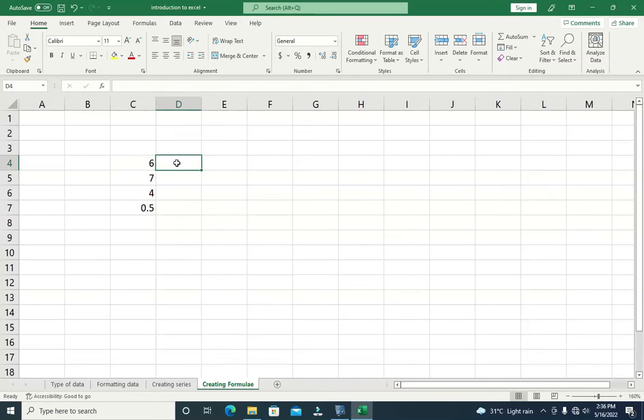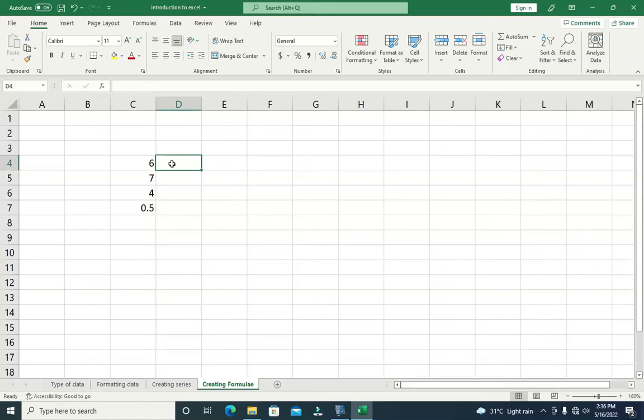So this time around we would want to say that D4 should be a number multiplied from the number 6. That is what we would want D4 to be.